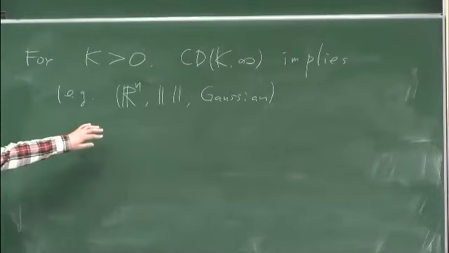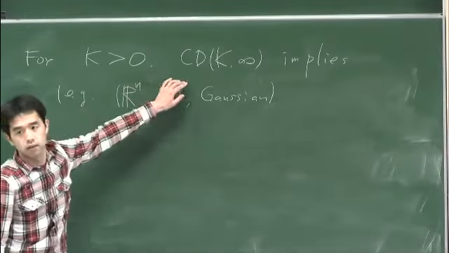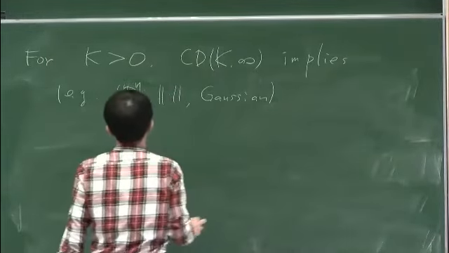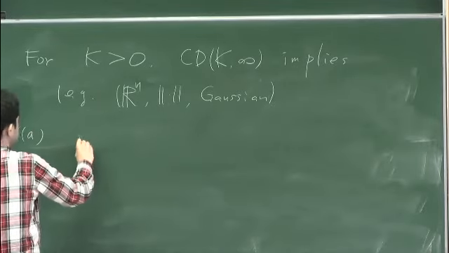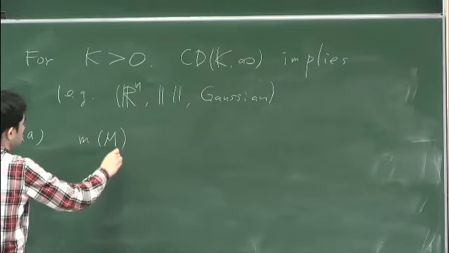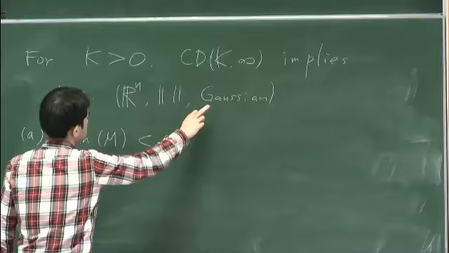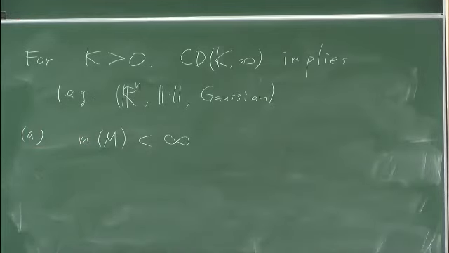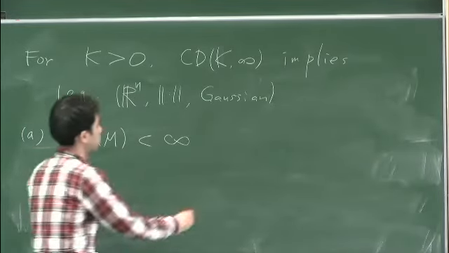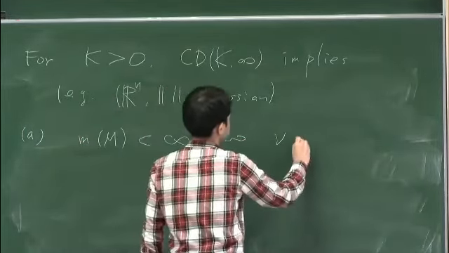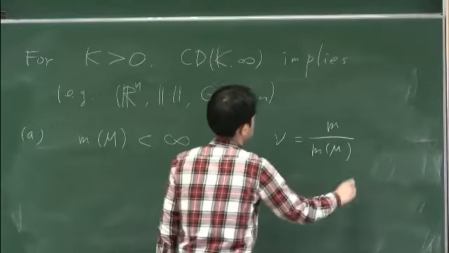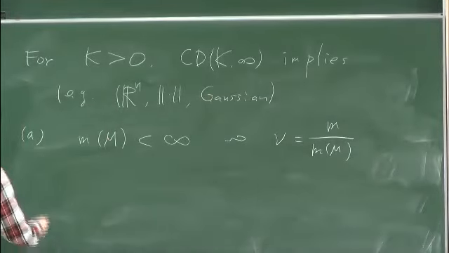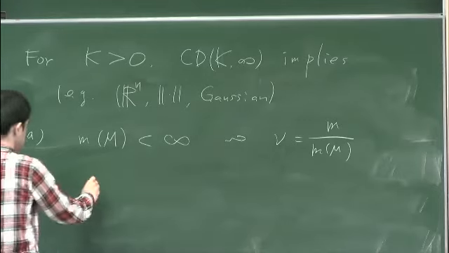Then it's positively curved in this sense. And then the total measure is finite, because this is more concentrated than Gaussian, so its total mass is finite, and so we can normalize m.